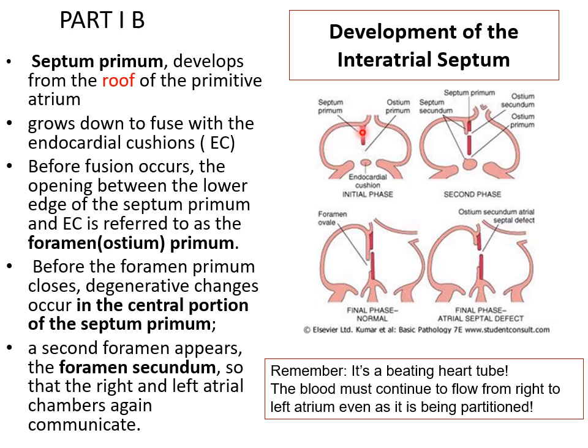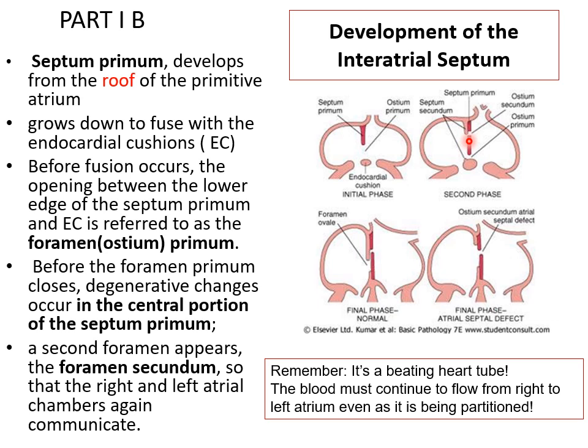Now from the roof of this primitive atrial chamber, a septum starts growing downwards, trying to fuse with the endocardial cushions. Remember, the fused endocardial cushions are here at the region of the AV canal. So the right AV canal and left AV canal have already been partitioned, right? Now this septum primum tries to grow towards the endocardial cushion. So the gap between the septum and the endocardial cushion initially is known as foramen primum or ostium primum.